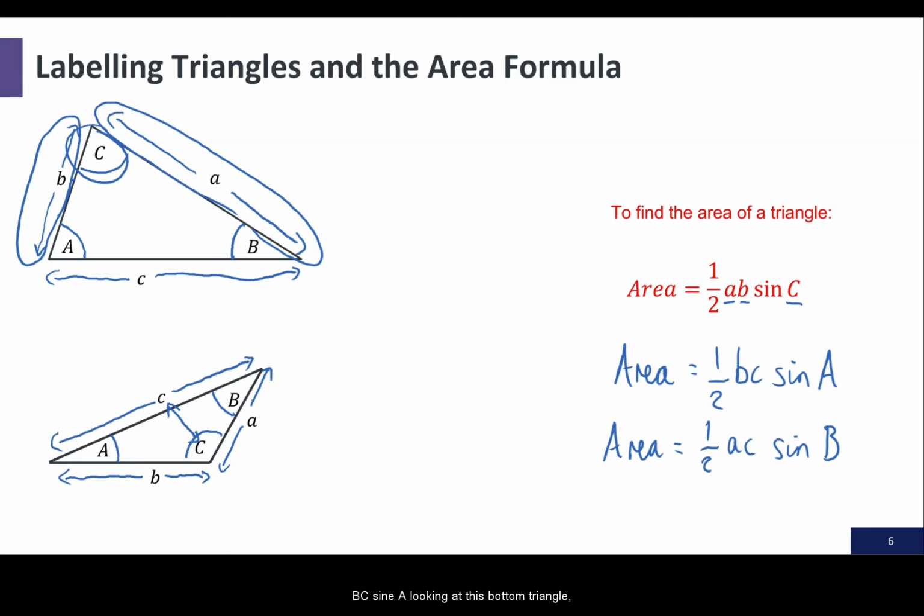Let's look at the second formula, BC sine A. Looking at this bottom triangle, BC sine A. So two sides and the angle between, just like the cosine rule.